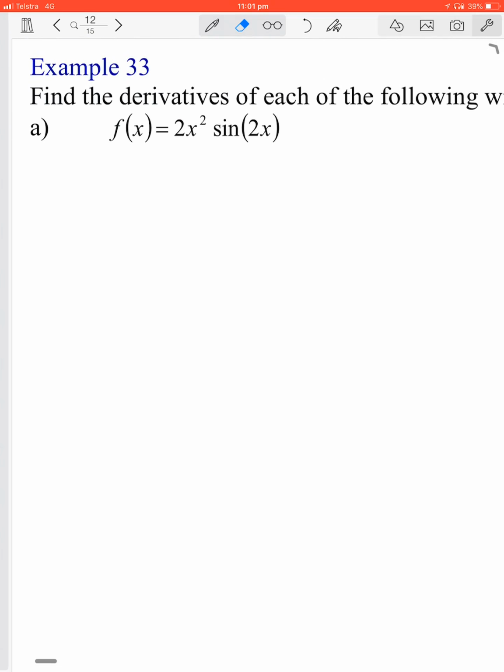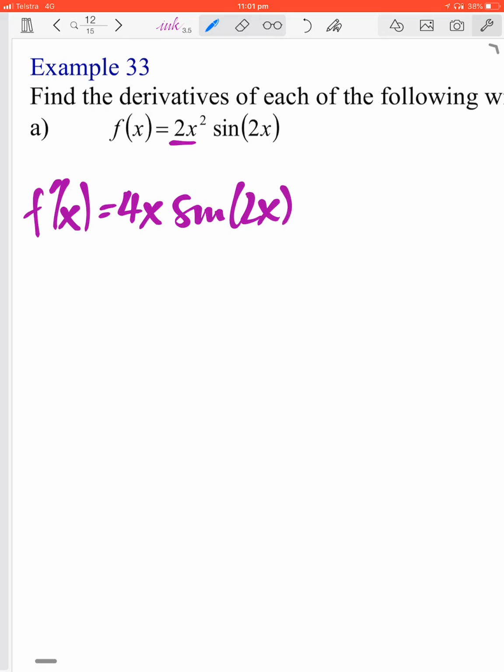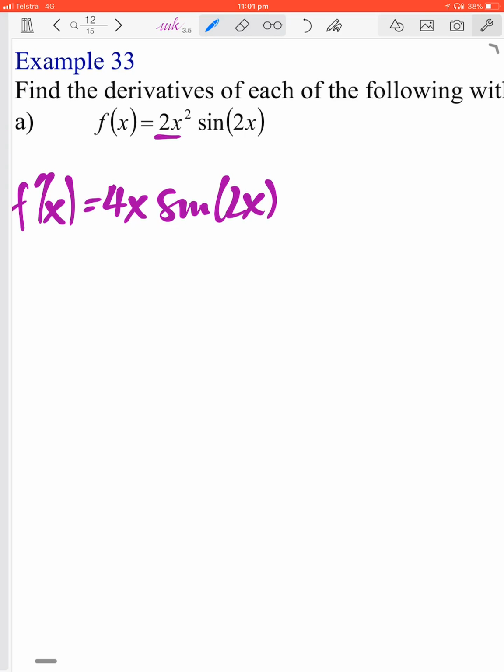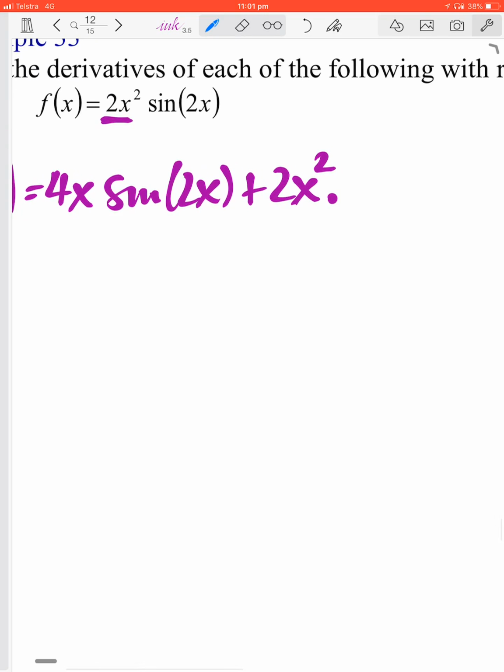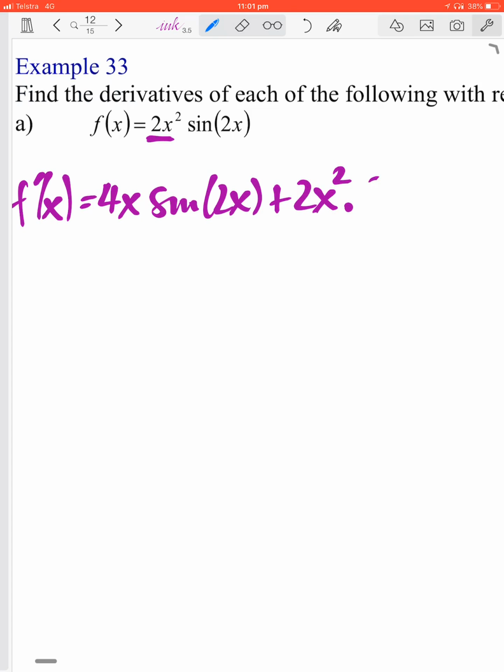Now I'm going to do it the way that I usually teach as well. f dash x, I derive that, so I get 4x, and leave sine 2x alone. Then I leave 2x squared alone, and derive sine 2x, and when I derive sine 2x, I get 2 cos 2x.